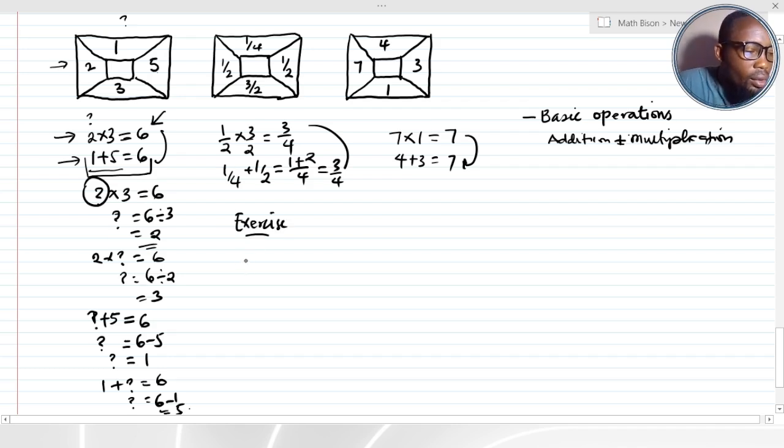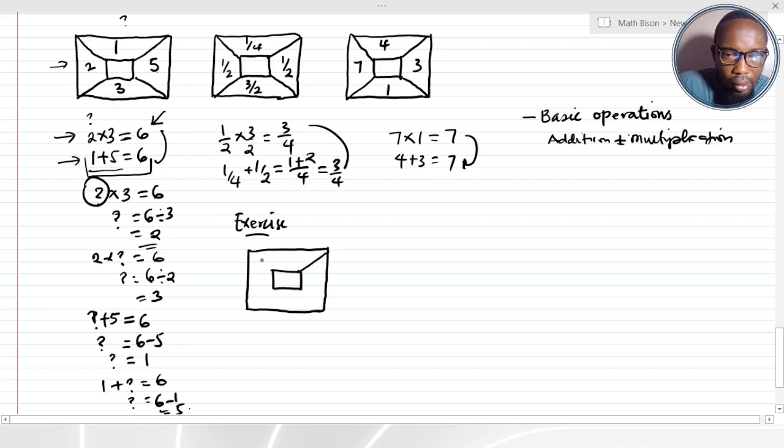Okay, let's see. If we have this, 29, in this case there's a missing number in this part, and we have 13, and we have 23. So how can we use this method of thinking to get our answer?